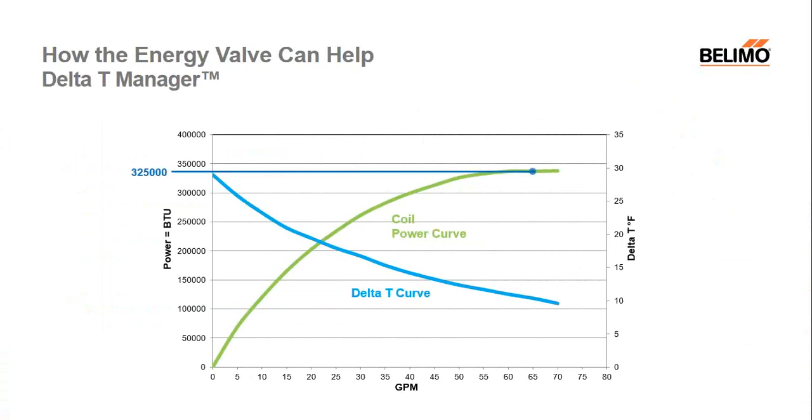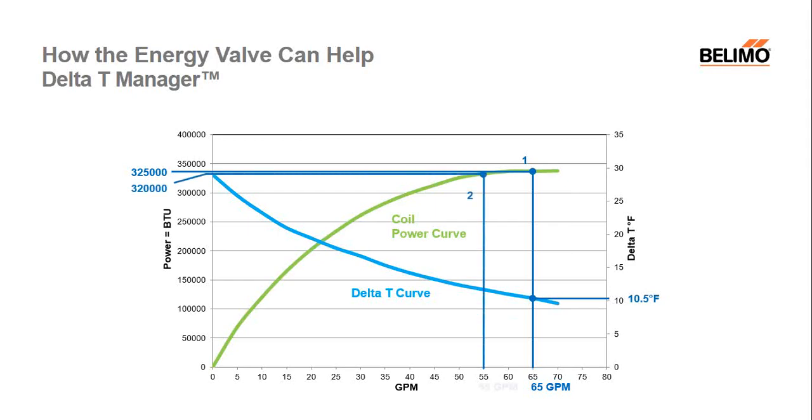So let's look at a couple of flow points. We have one point here operating at 65 GPM, and we show about a 10.5 degree delta T, generating 325,000 BTUs. What you can see is it's starting to level off on that power curve, and the Energy Valve has determined that the best delta T set point for this application is 12 degrees.